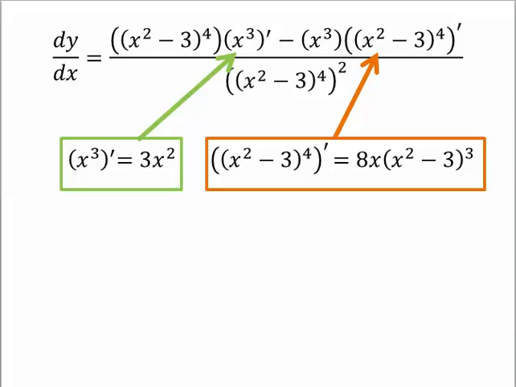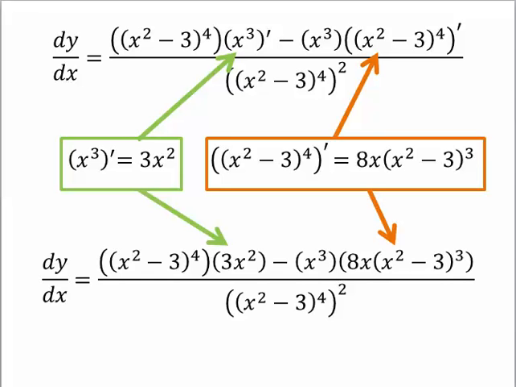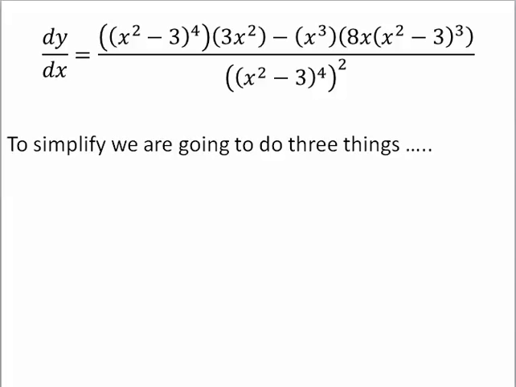Put these derivatives in our quotient rule. So, we have successfully used the quotient rule. Next, we're going to have to simplify the expression. To simplify, we are going to do three things.